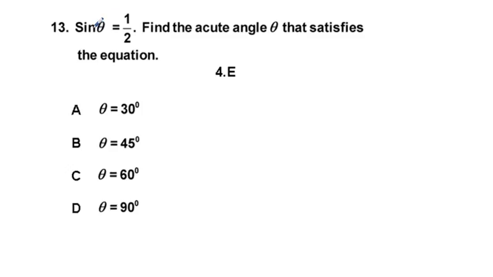Problem 13. Sine theta equals 1/2. Find the acute angle theta that satisfies the equation. Well, if you've done the unit circle at all, the unit circle will be like this, and then at 30 degrees, it comes up like this.